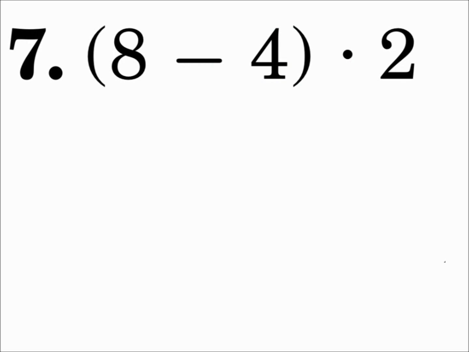For number 7, now we have several operations, so we have to follow the order of operations. Parentheses is first. We do have parentheses. In the parentheses, we have 8 minus 4, which is 4. Now we have 4 times 2, which is 8.